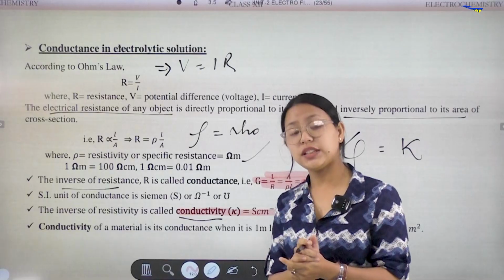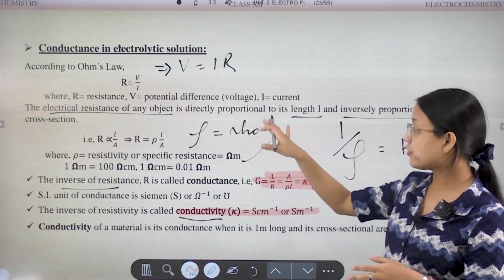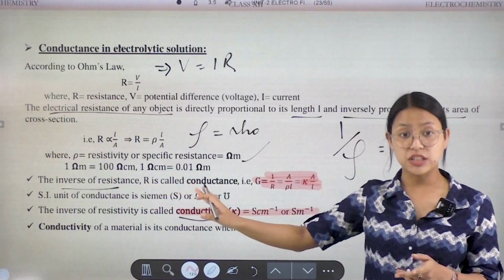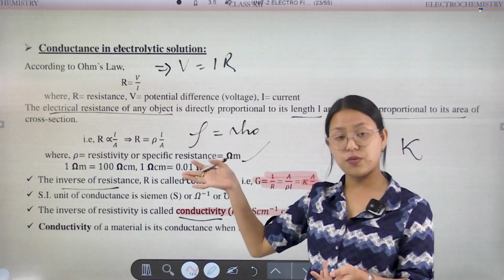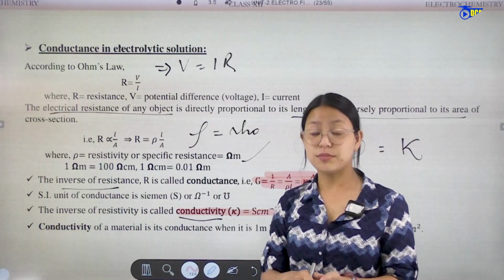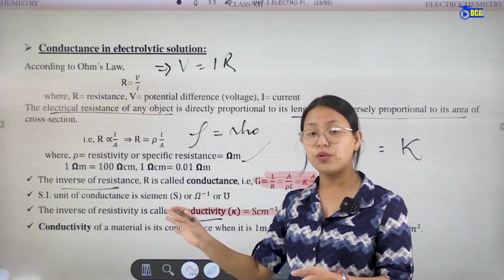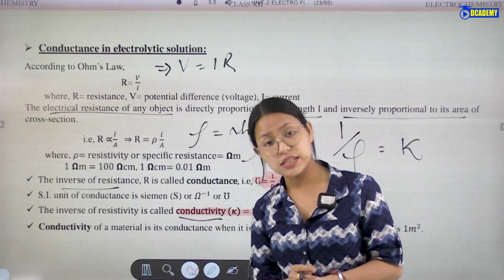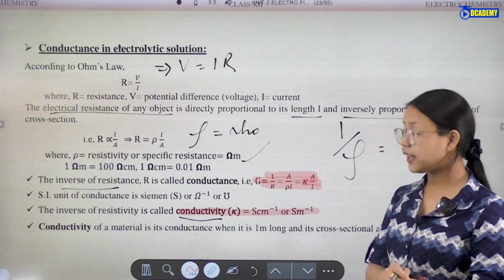With the proportionality sign removed, we use a proportionality constant named rho. Rho is known as the specific resistance or the resistivity.